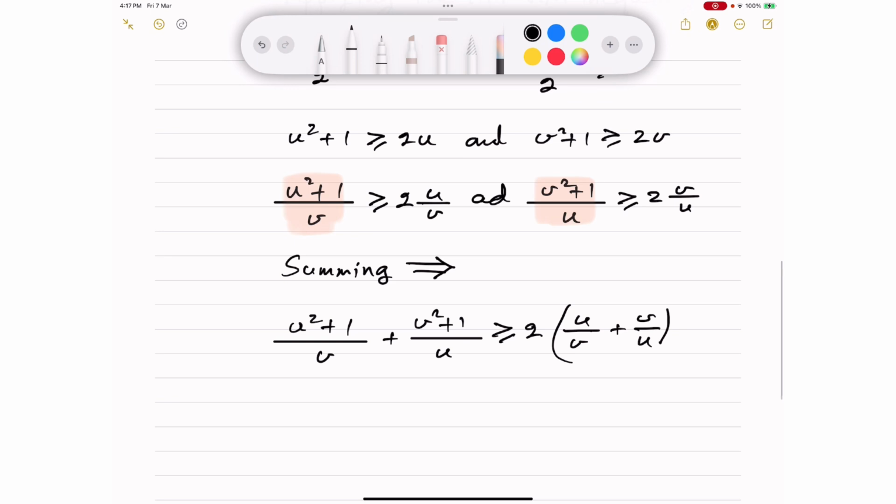Then we apply the arithmetic mean, geometric mean inequality again to this side. So this is greater than or equal to twice multiplied by 2, because it is the square root of u divided by v multiplied by v divided by u, which is nothing but 1. So that makes this greater than or equal to 4, and that proves our inequality.